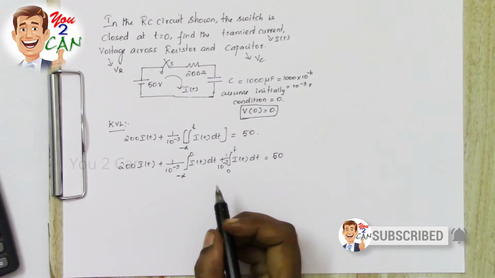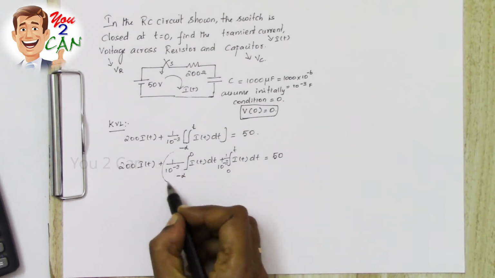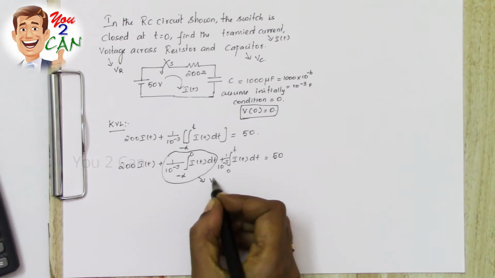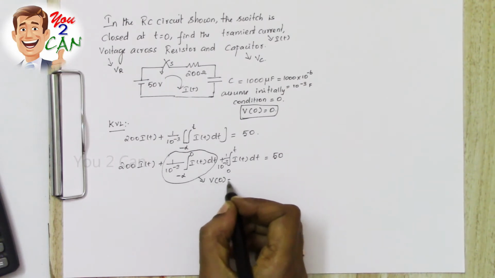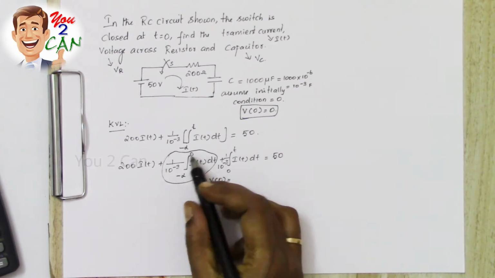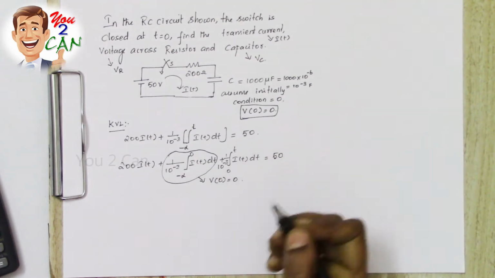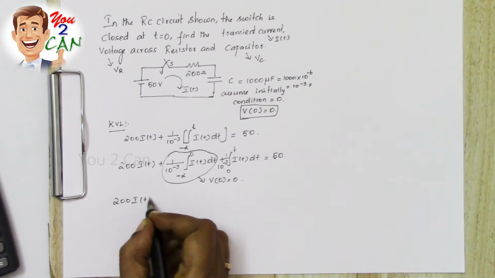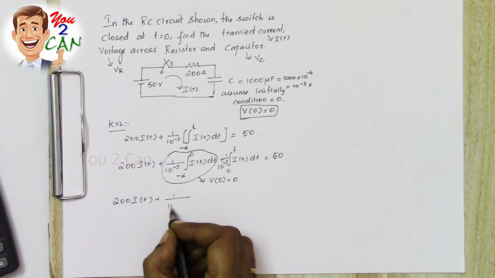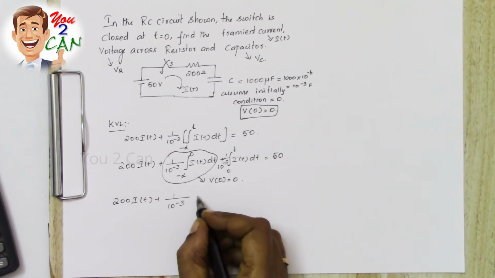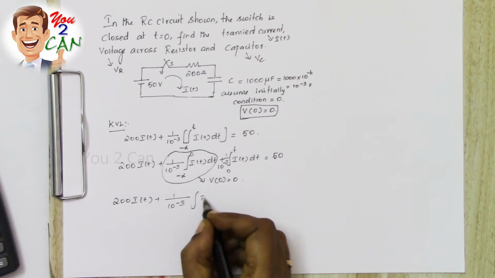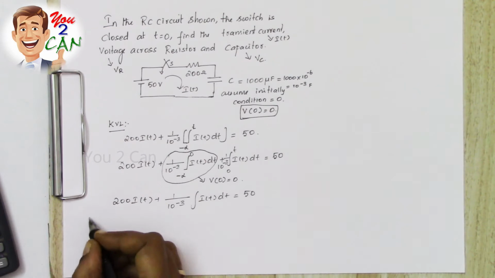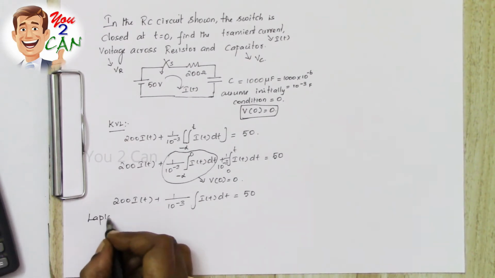Now this term is the voltage across the capacitor before switching, which will be 0. So take this as 0. So 200 I of t plus 1 by 10 power minus 3 integral 0 to t of I of t dt equal to 50. Now apply Laplace.